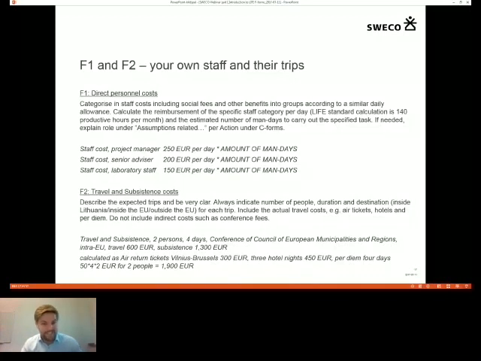Well, as you can see the calculation there, and in total this turns into 1,900 euros, and that has to be split up into travel, the air tickets 600 euros, and the rest subsistence 1,300.